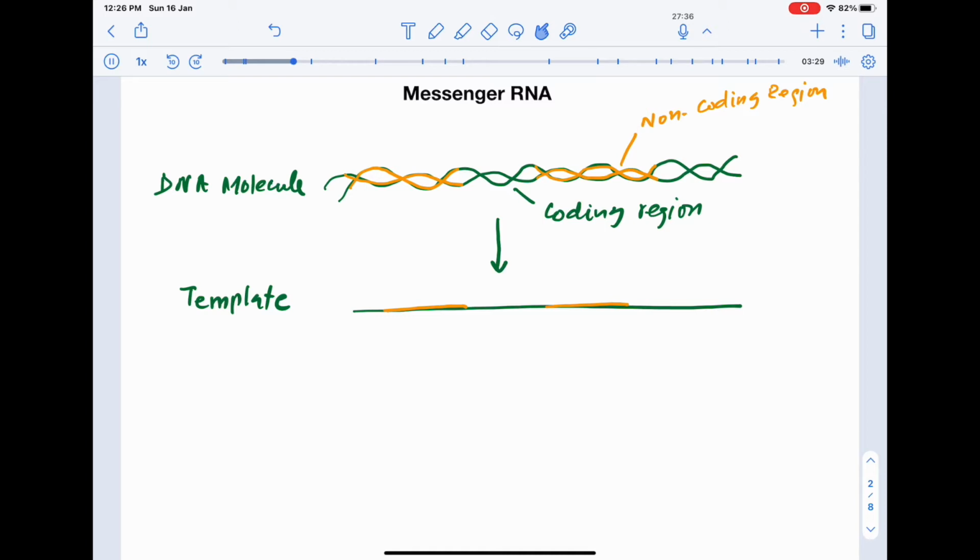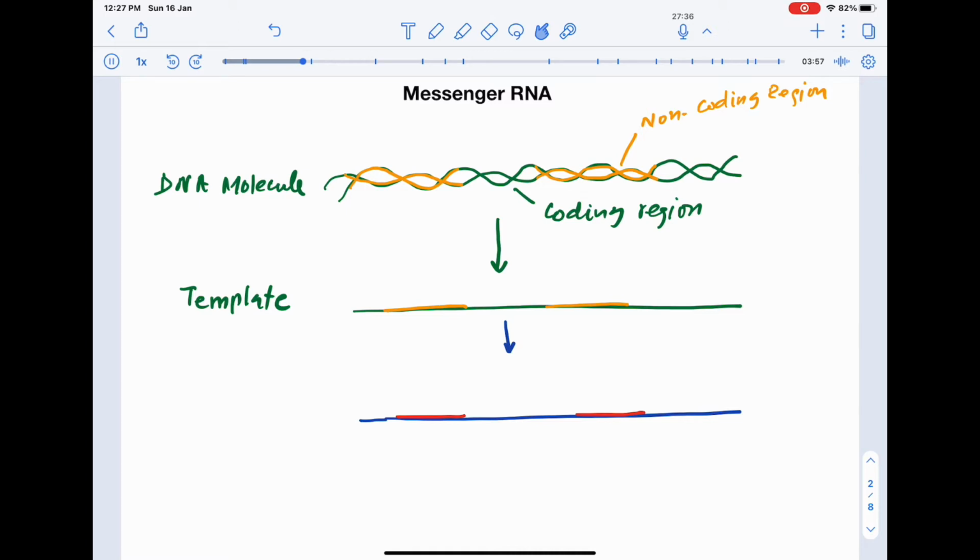During transcription, an mRNA is synthesized, which has two types of regions. One that is copied from the non-coding region, and other which is copied from the coding region.